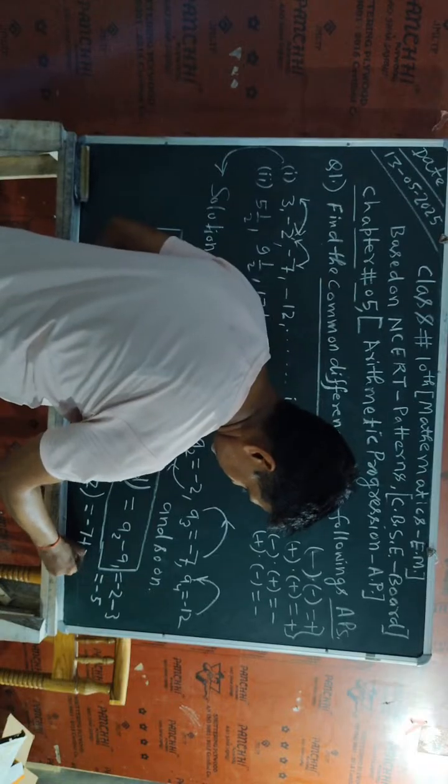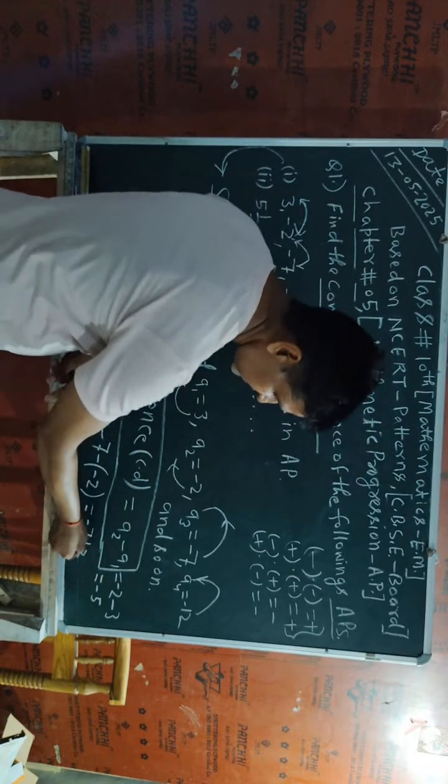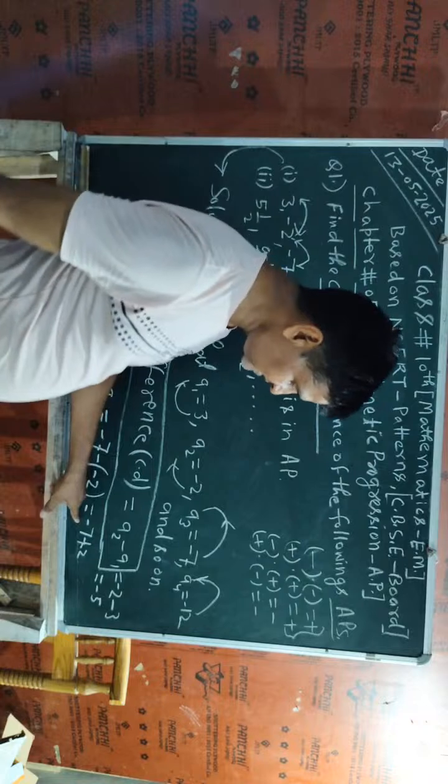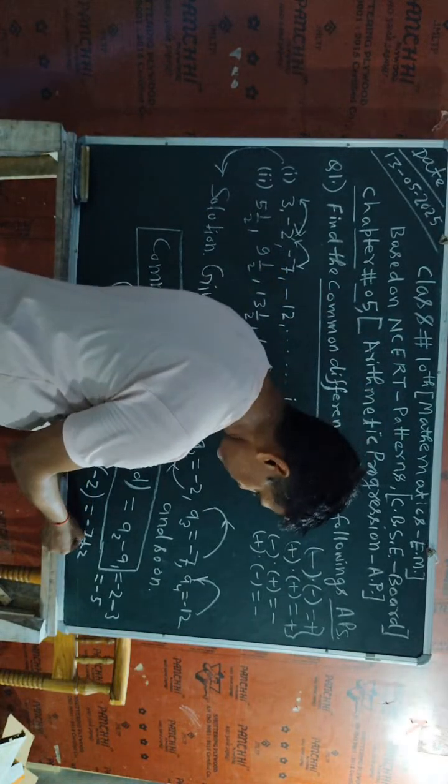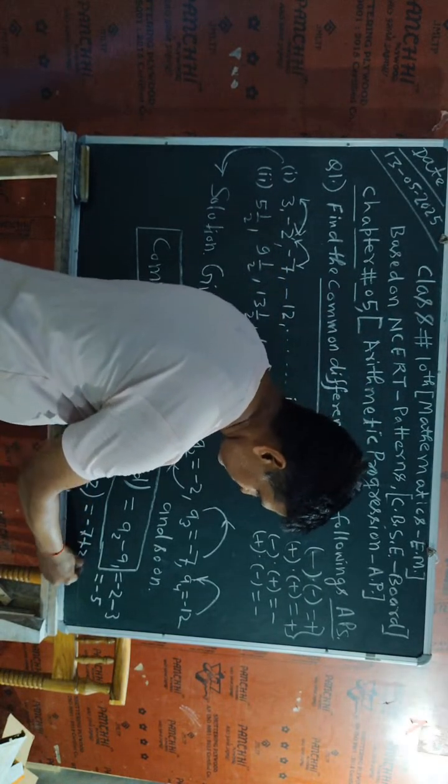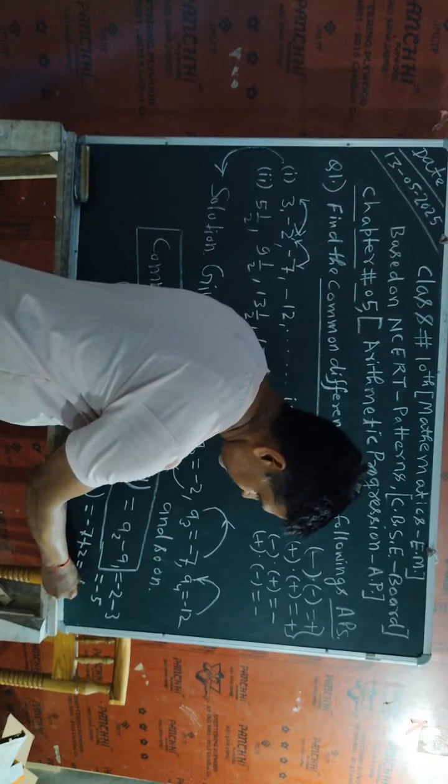So this will be plus. So here is minus 7 and here is plus 2. After subtracting, I will get its value as minus 5.